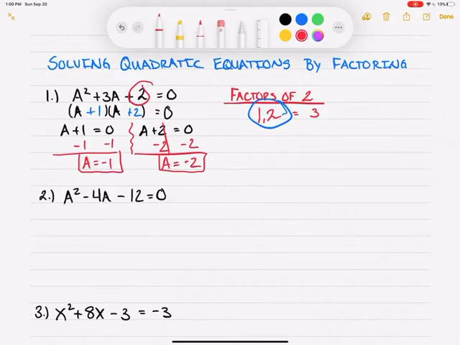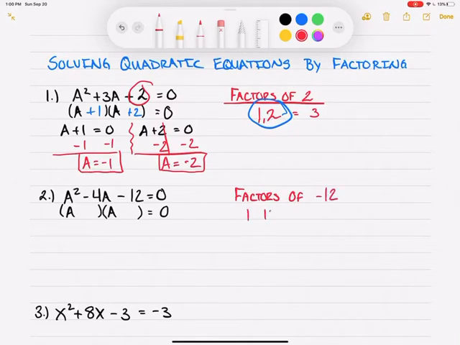In the second problem, I have a squared minus 4a minus 12 equals 0. Again, I'm going to start by factoring this problem. A squared can only be broken down as a times a. Then I'm looking at the factors of negative 12.